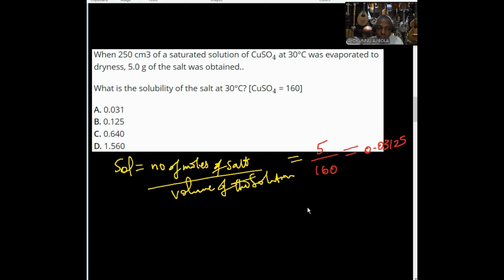So now the solubility of the salt, given that the volume is 250 cm cube, which in dm cube is going to be 0.25 dm cube.